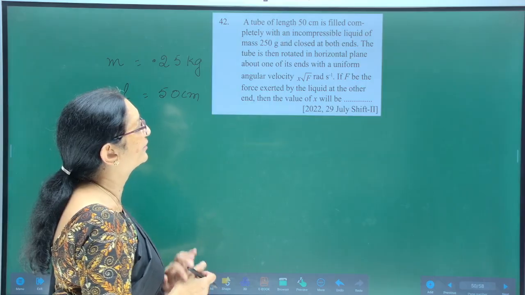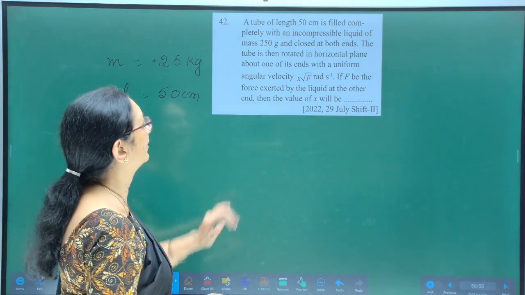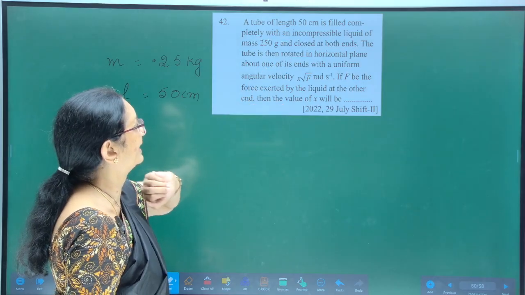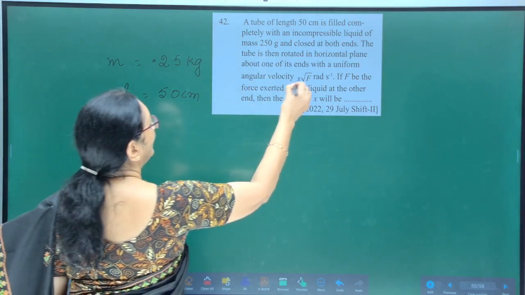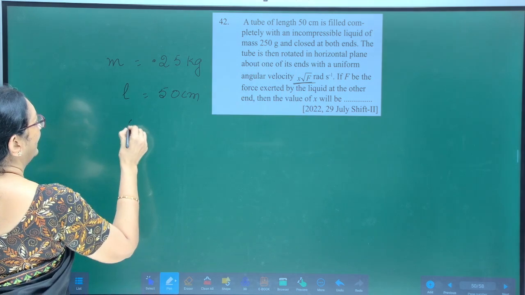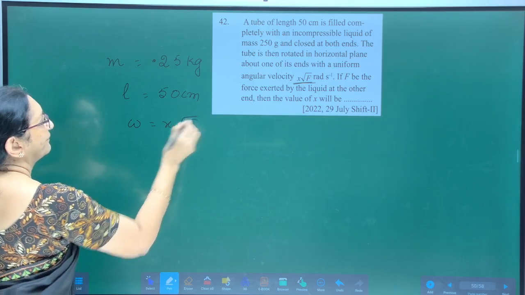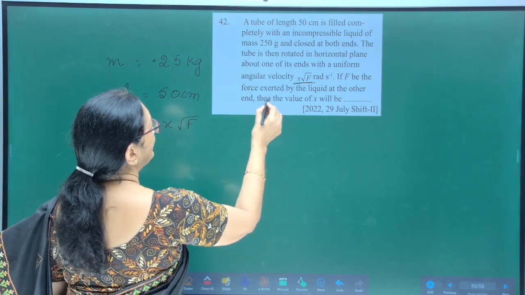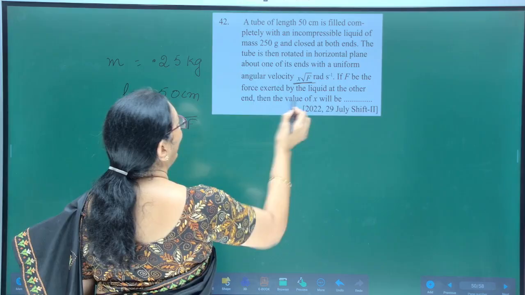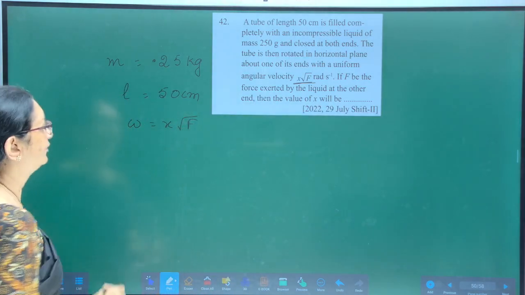The tube is then rotated in a horizontal plane about one of its ends with uniform angular velocity omega equal to x root f. If f is the force exerted by the liquid at the other end, find the value of x.